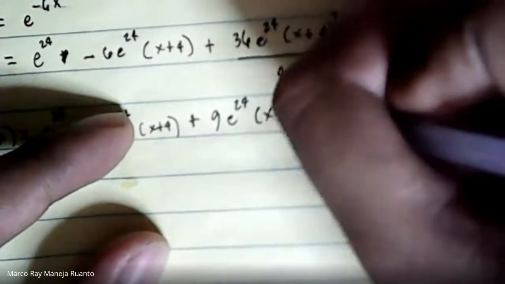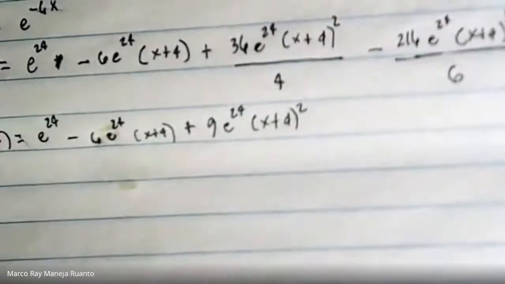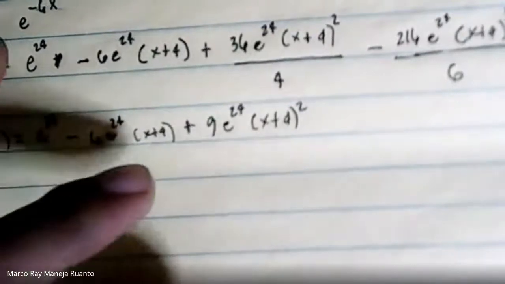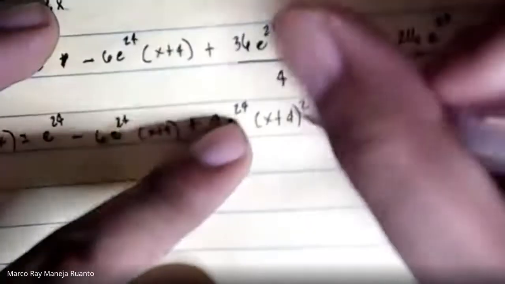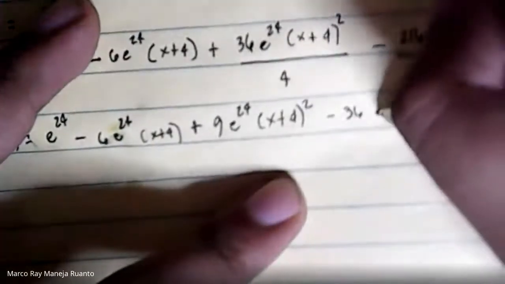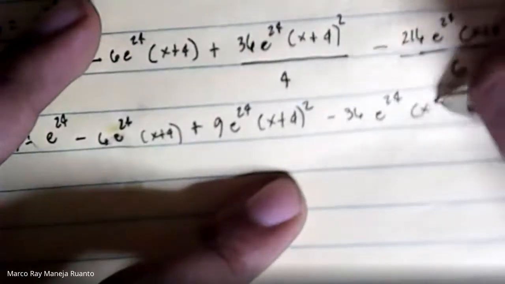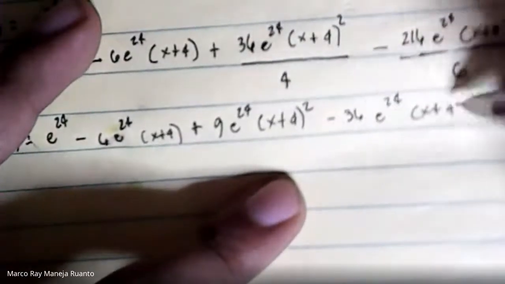So we have 9 e to the 24 x plus 4 squared. Dayon, 216 divided by 6, that is 36, minus 36 e to the 24 x plus 4.